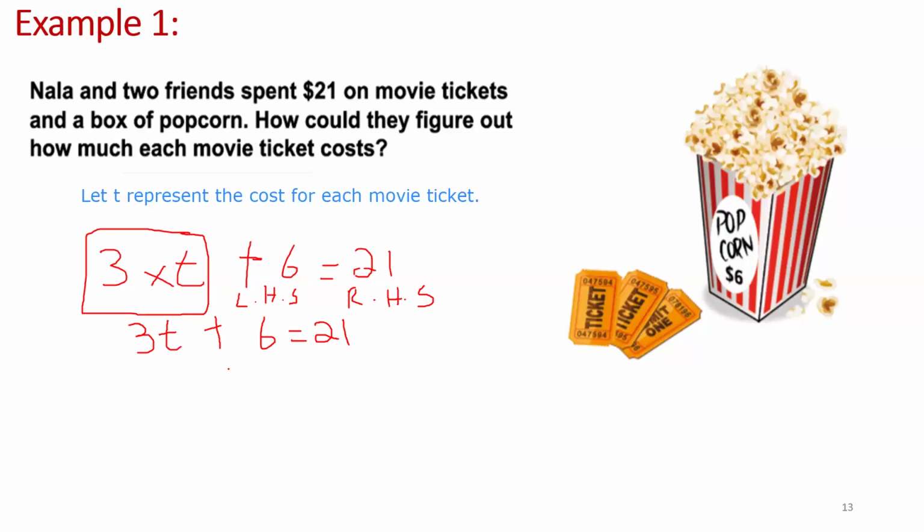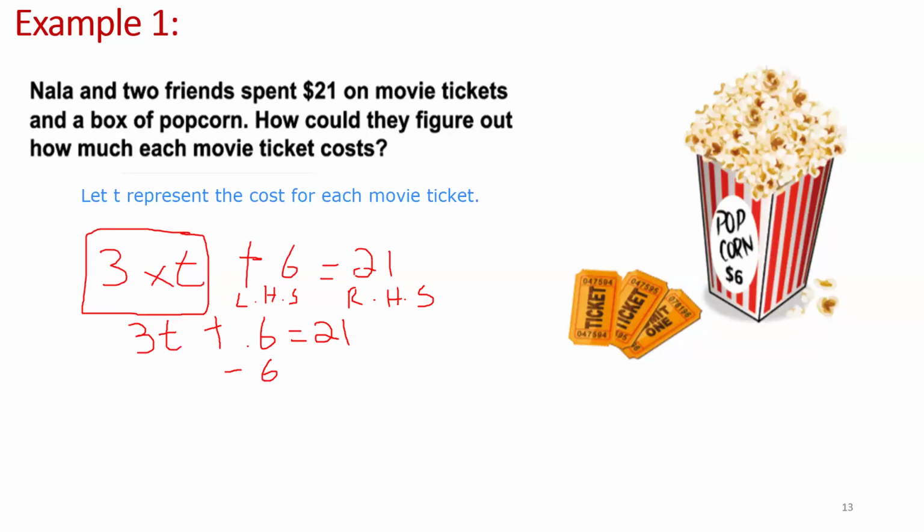To do that, we use what we call inverse operation, or we do the reverse, or you can say we use the property of equality. Whatever is happening here, we do the opposite. So here we have a positive 6. To get rid of this 6, we take away 6. Taking away 6 is the only way to remove the 6, to make it 0.